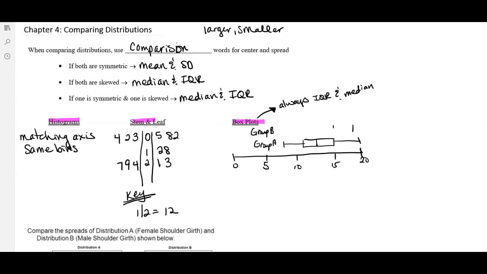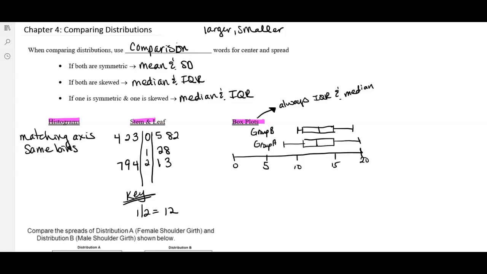Let's say they have the same quarter 3, so I'm going to make sure that they line up here. Let's say that group B's median's a little bit bigger, but its quarter 1 is the same. So I'm going to look to see how they are relating to each other. If one's supposed to be a little bigger, it's a little bit further to the right. And then we'll say that this is supposed to go to 10. Okay?